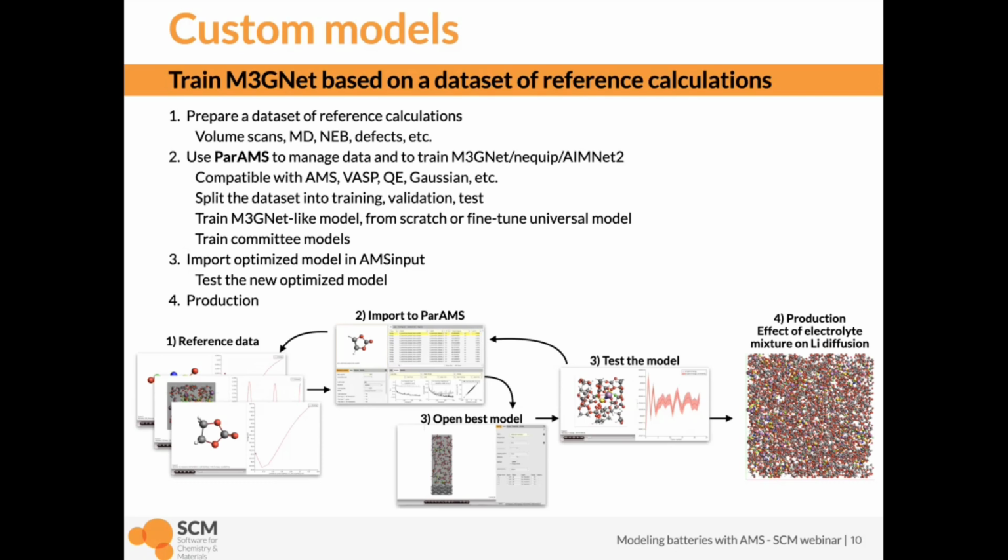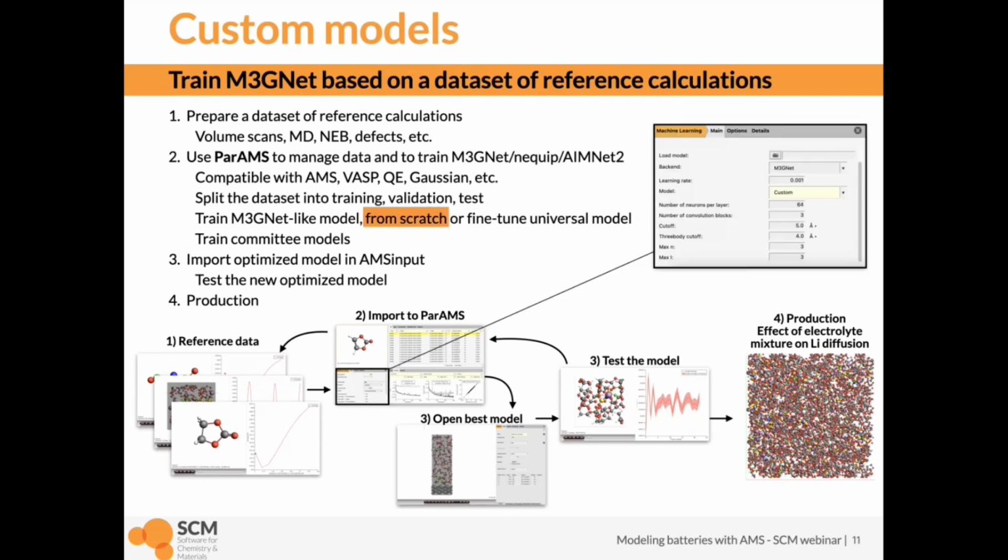And finally, you can define the model that you want to optimize, either with the graphical user interface or with our Python interface. You could say, okay, I want to train an M3GNet model, but I want to train it from scratch. That means that you can even redefine the architecture, the number of neurons, the different cutoffs. Now, another way is to just take the universal model and fine-tune it.